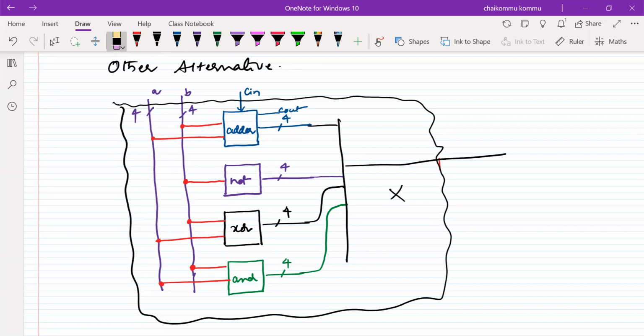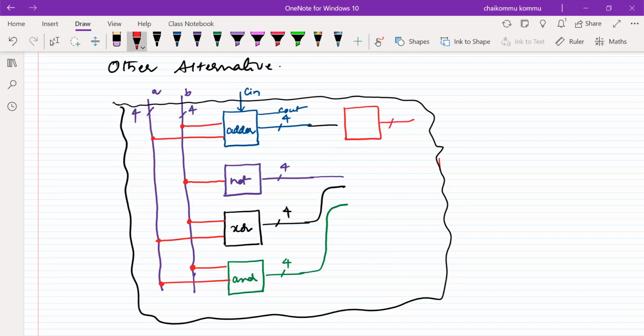But the other alternative is there, that is by using buffers. So what I'm going to use here is one buffer. It is a 4-bit size buffer, and this is also a 4-bit size buffer. That means we take the 4-bit input data and produce the 4-bit output. Similarly, we take another buffer, it also produces 4-bit size. We consider another 4-bit size buffer, and another 4-bit buffer.